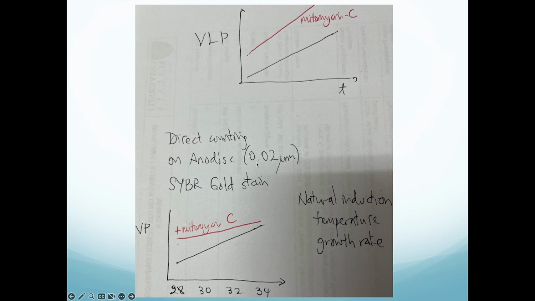So in an experiment where we try to see the differences in virus production at different temperatures, you may obtain a graph like this, where virus production increases with temperature increase, which is very logical because as temperature increases, biological processes also increase.